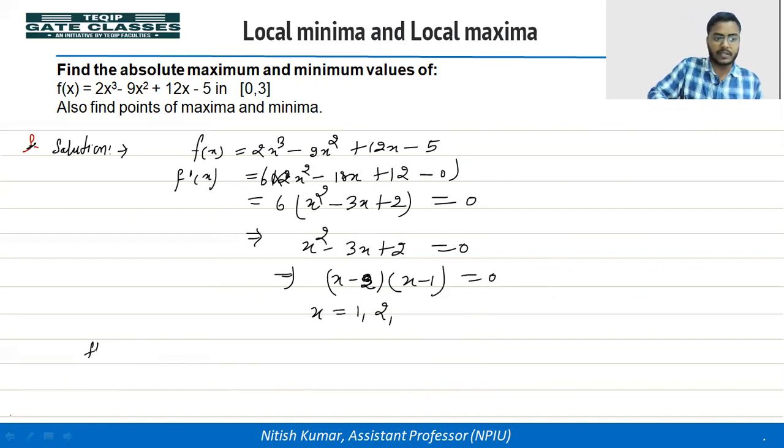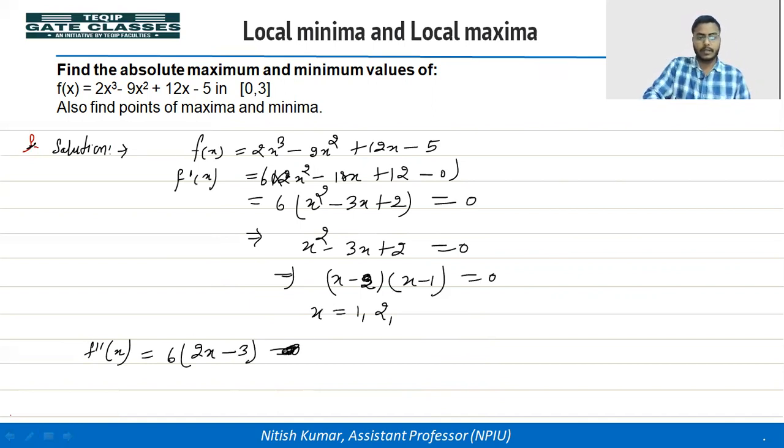So differentiate once again. So second derivative of f(x), so you can calculate from here. So that would be 12x minus 18, that is 6 into 2x minus 3. You have to calculate. So we are getting this one.